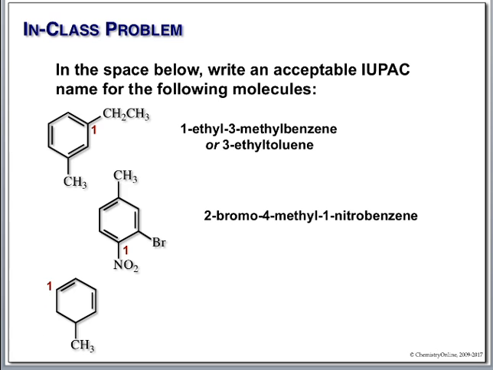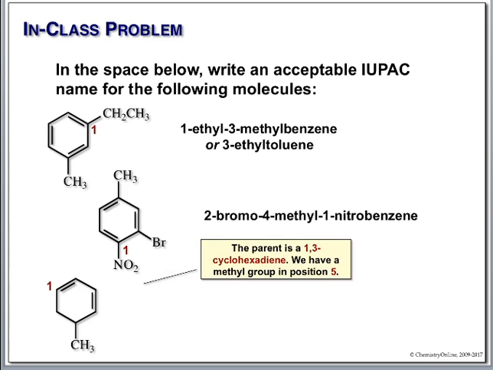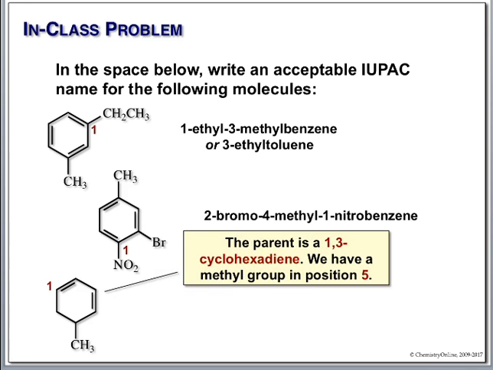Once again, this is a 1,3-cyclohexadiene. And all we have to do is say that here at carbon 5, we have a methyl group. So, putting our name together, we're going to have a 5-methyl-1,3-cyclohexadiene.